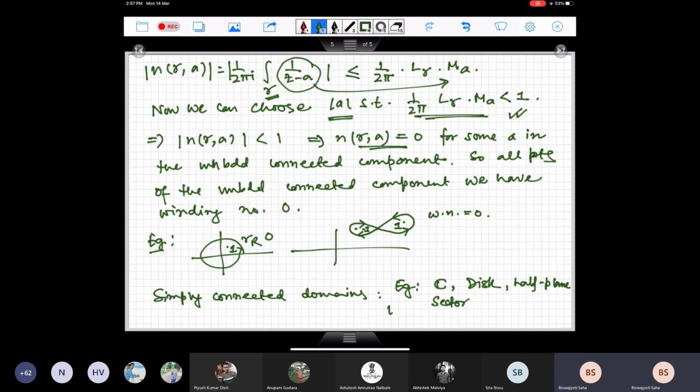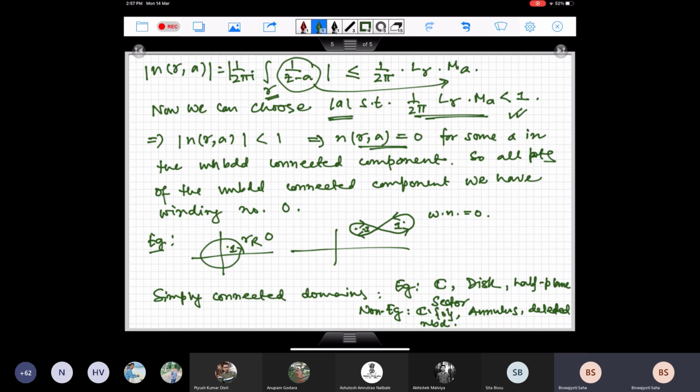And if I have to talk about non-examples, then I can tell you, let's say C minus 0. This is a non-example. Annulus is a non-example. So therefore, deleted neighborhood, these are not simply connected domains. Okay, so you can imagine that, like I said, there is some hole. So the hole need not be very big, but it could be that one point is missing. So those are the domains which are not simply connected.